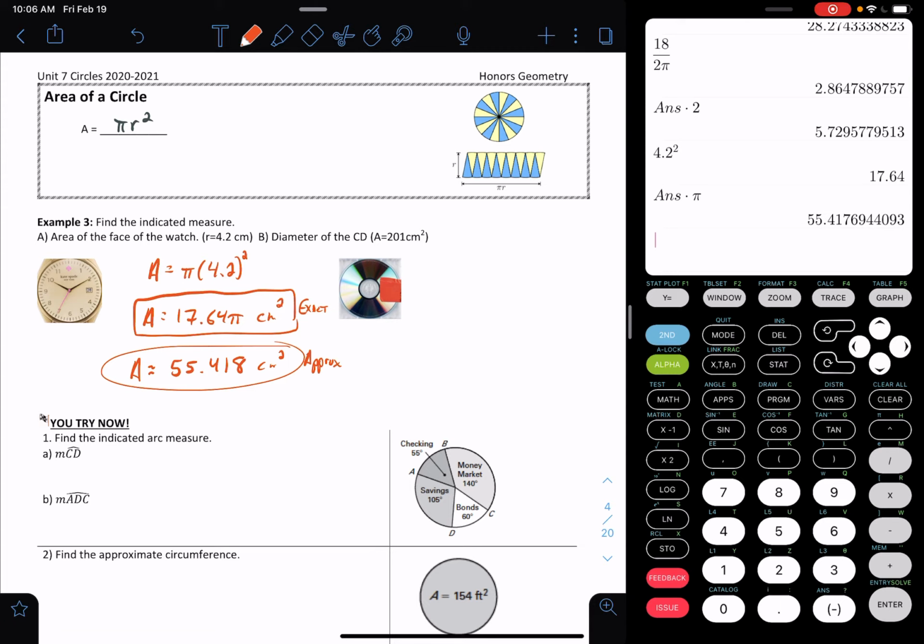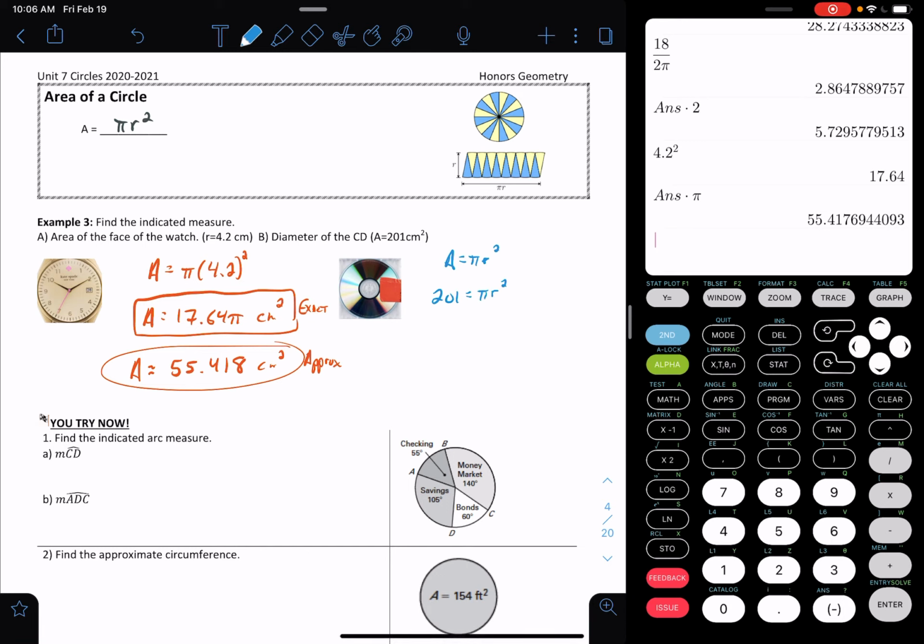And then part B is saying find the diameter of the CD. It gives us the area. So we don't have an area formula to find diameter, but we have an area formula where we can work backwards and find the radius. And if we know the radius, we just need to multiply that by 2 to get the diameter. So we can still do this. We've got area equals pi r squared. Plug in 201 for the area.